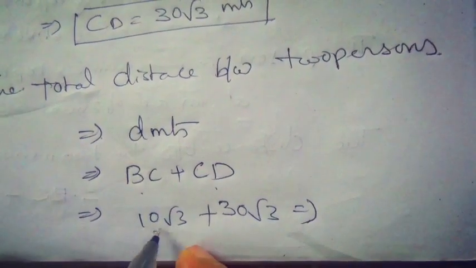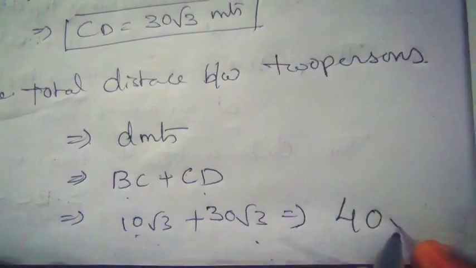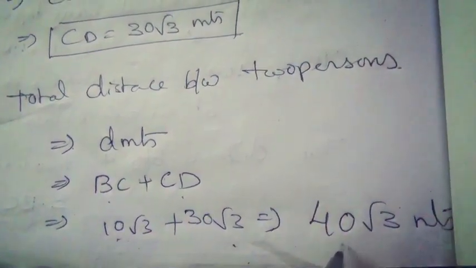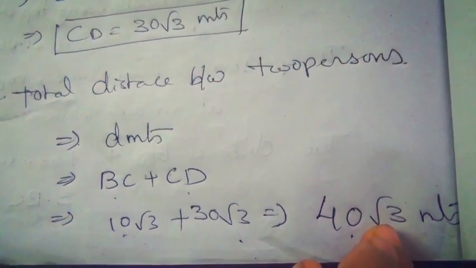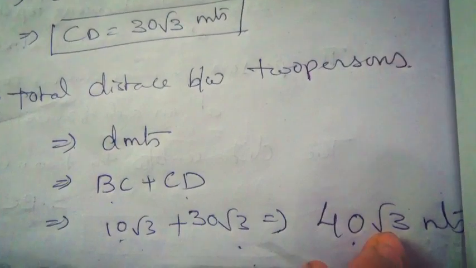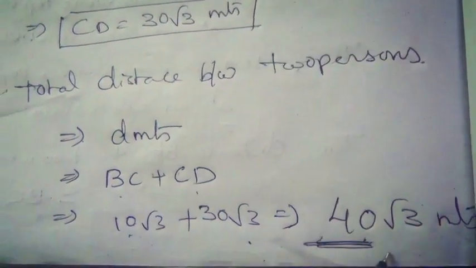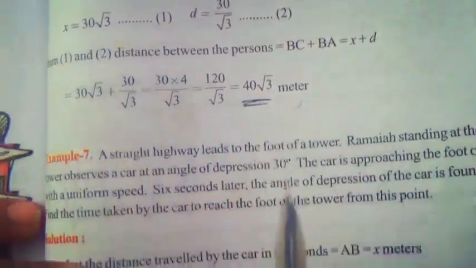That implies 10 root 3 plus 30 root 3, 40 root 3. If you want to do this further, you just change root 3 into 1.732. Otherwise you can leave this sum up to here. The answer was 40 root 3 meters. That's it. So here we finished this sum.